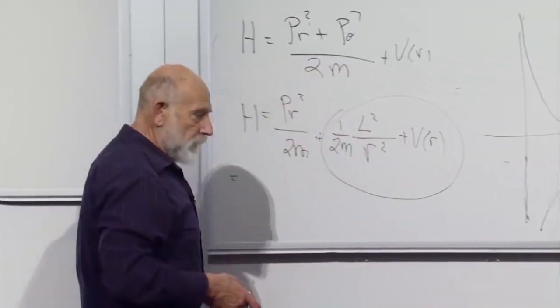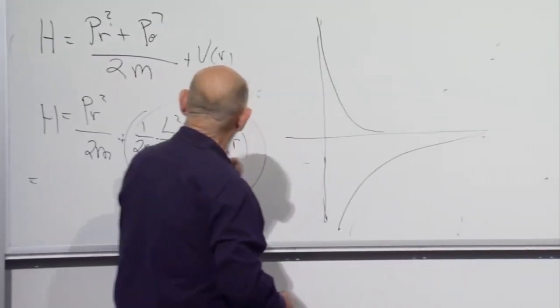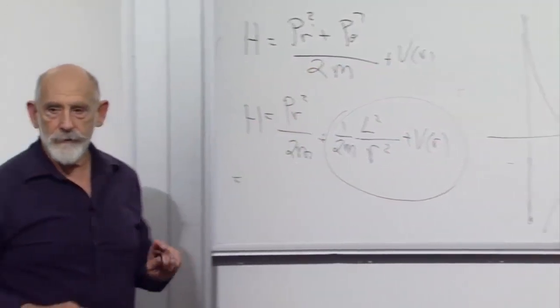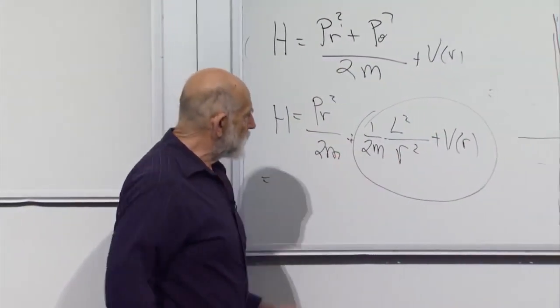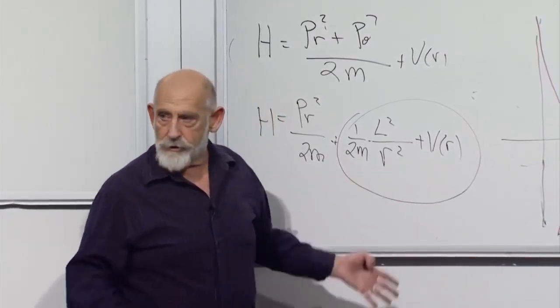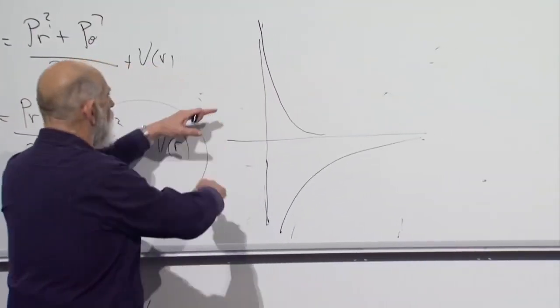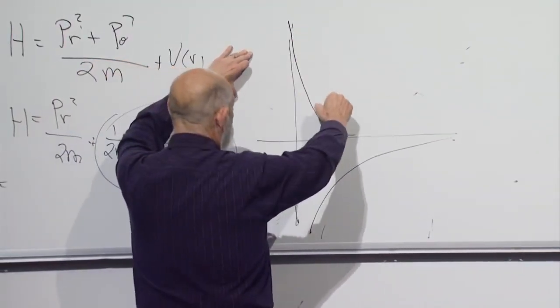What does the combination of them look like? Well, which is dominant at small r? For small r, which one is bigger, 1 over r squared or 1 over r? 1 over r squared is much bigger. So, very close to the origin, this is the dominant thing.